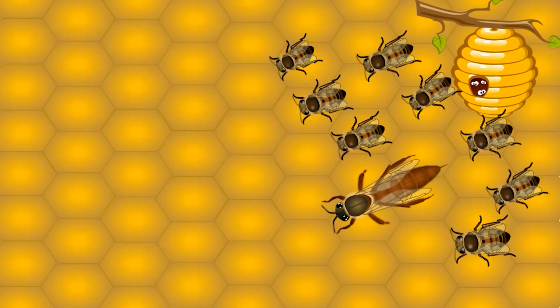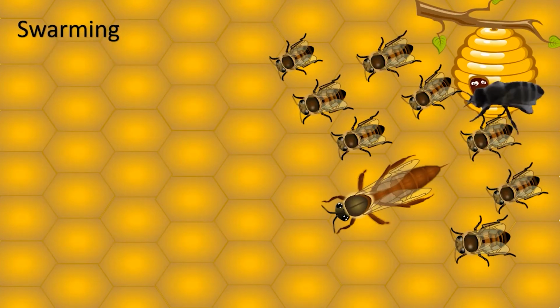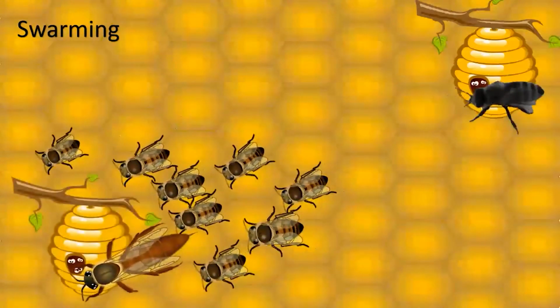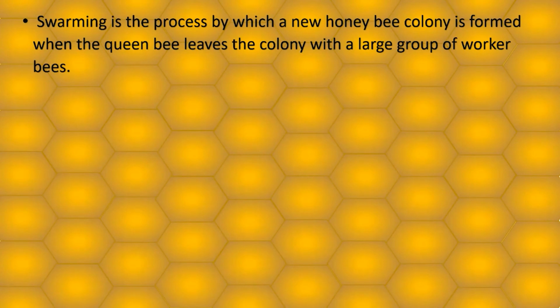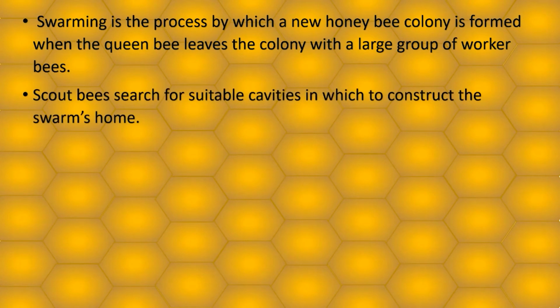Now, let us discuss swarming. Swarming is the process by which a new honeybee colony is formed when the queen bee leaves the colony with a large group of worker bees. The scout bees search for suitable cavities in which to construct the swarm's home.